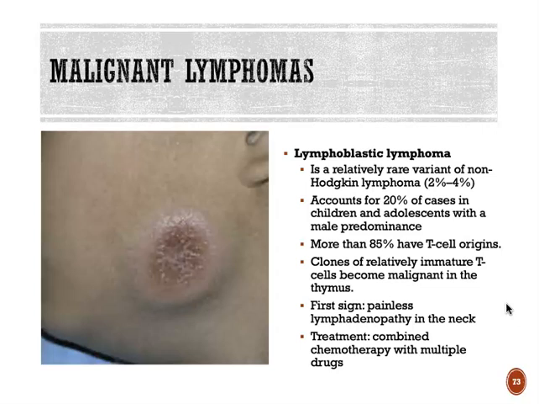The first sign is often painless lymphadenopathy in the neck, which you can see pictured over here, and that may progress rapidly, and diagnosis is going to require a biopsy and imaging, and treatment will involve intensive multi-drug chemotherapy so that we can target those rapidly dividing cells.